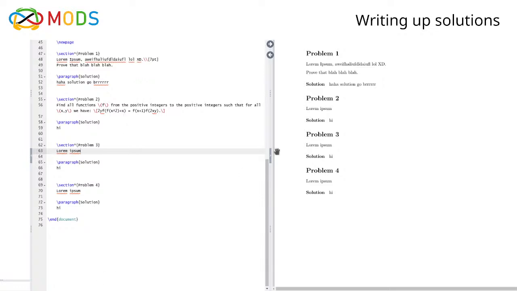How do you use Overleaf? Where's the compile button? You press Control S to save and compile at the same time. Why is this not working?